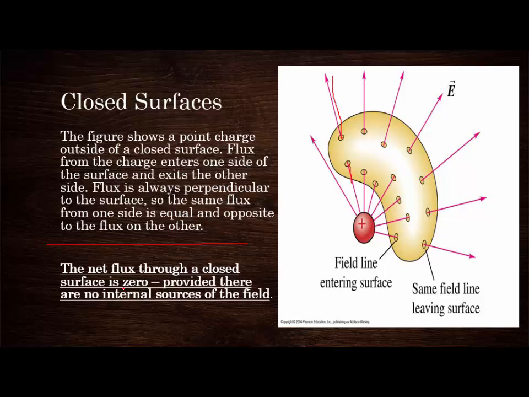And so because of that, the net flux through a closed surface is 0. If this positive charge was inside of this surface, well, that's a different ballgame. We're going to talk about that later. But if the charge is sitting outside of the closed surface, the flux through any closed surface is 0.